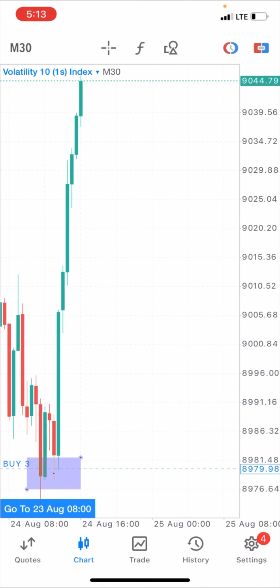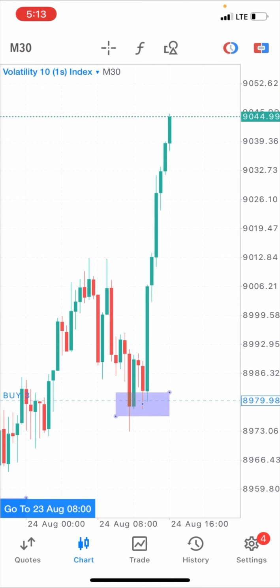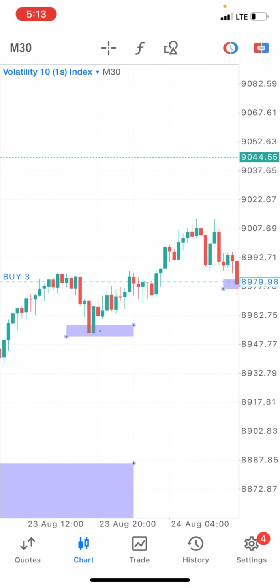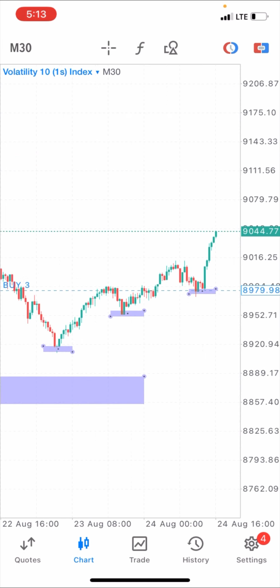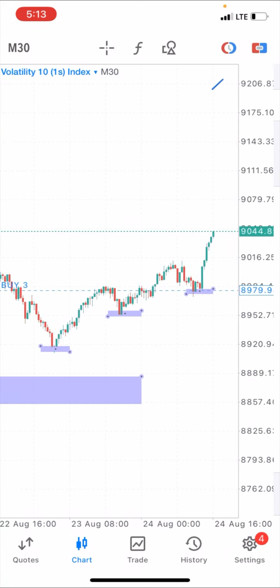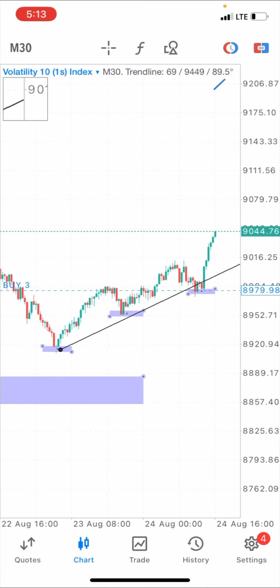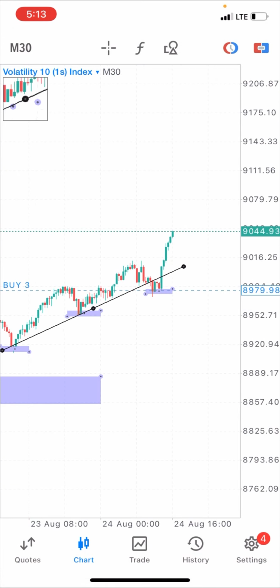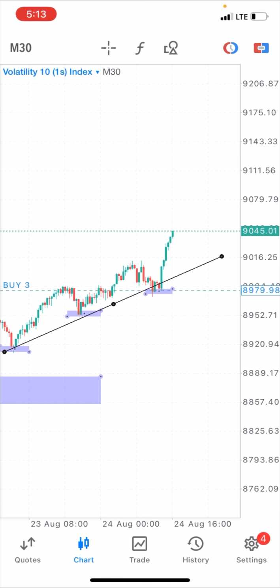So switching to a lower time frame, you want to have a support level where you want to be trading from. Now look at this. You can see that the market had created a somewhat uptrend here. We all know the market is in an uptrend already, but when you switch from time frame to time frame, you could still spot smaller trends inside of this other trend that you've seen already.